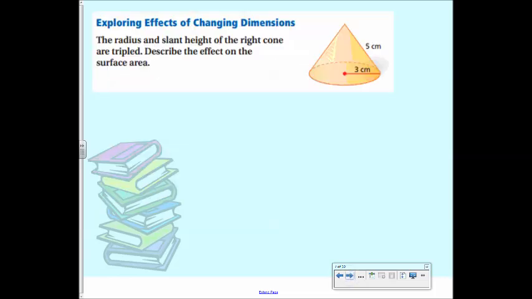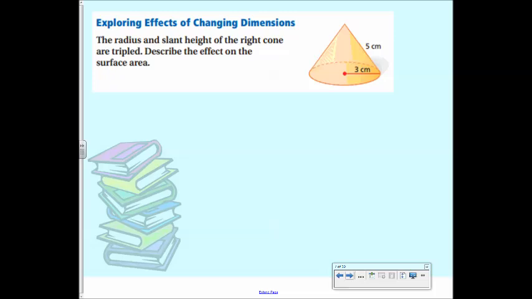Okay, so the last thing that we're going to talk about is changing dimensions and then composite figures. So same type of thing, but changing dimensions means that something is changing. This problem says the radius and slant height of the right cone are tripled. Describe the effect on surface area. So what do you have to do first here? Find the original surface area.